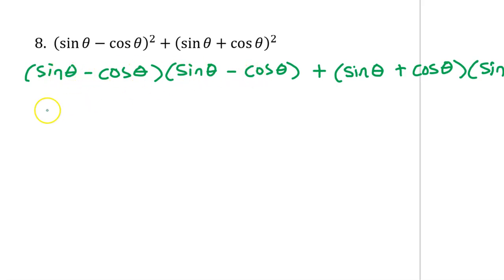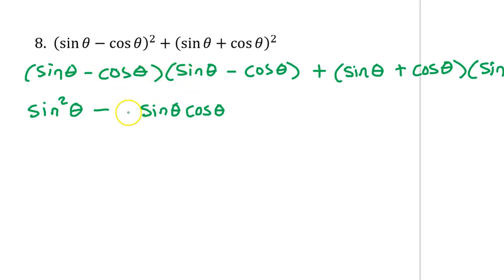Sine theta times sine theta is sine squared theta. Okay, outer, we have negative sine theta times cosine theta. I'm going to leave a little space here. Because inner, we have another negative sine theta cosine theta.